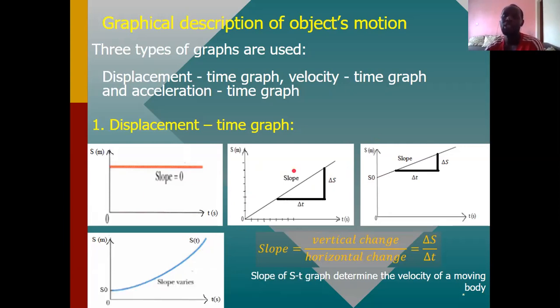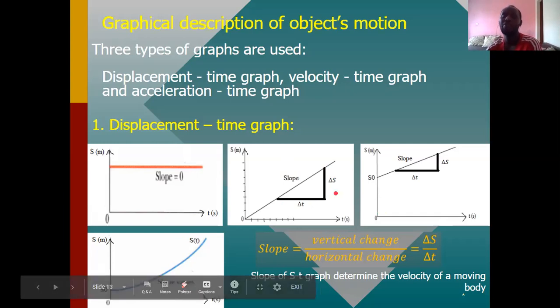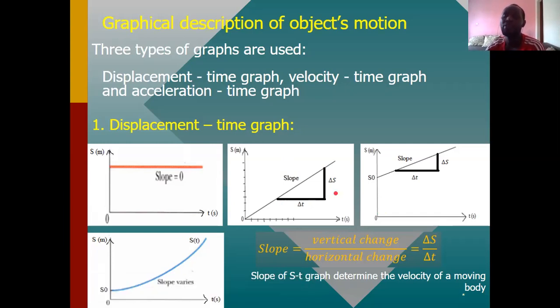Now, when we try to calculate the slope of this graph, the slope is defined as the vertical change divided by the horizontal change. For our case, the vertical change is distance and the horizontal change is time, which means that the slope of the displacement time graph determines the velocity of the moving body.